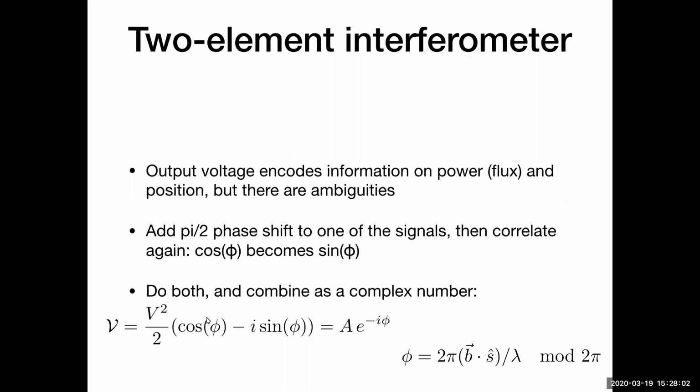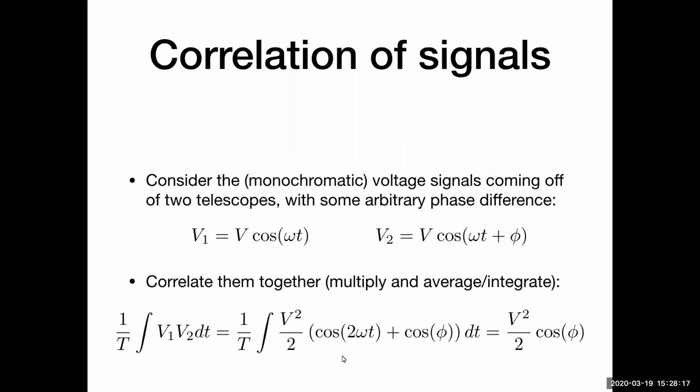And so one of the things you can do is manually add a pi by 2 phase shift between the 2 signals, and then do the correlation. When you go through the math, if you just add an extra factor of pi by 2 in here, it transforms this cosine into a sine of the phase difference.